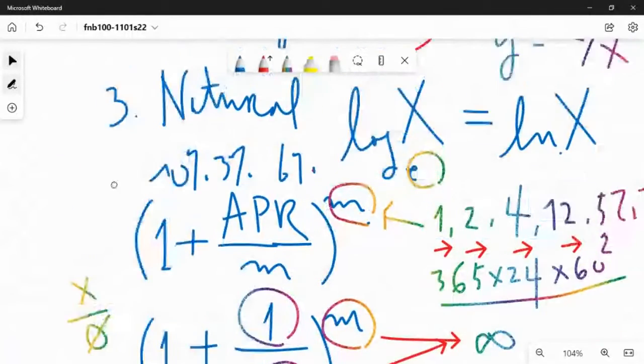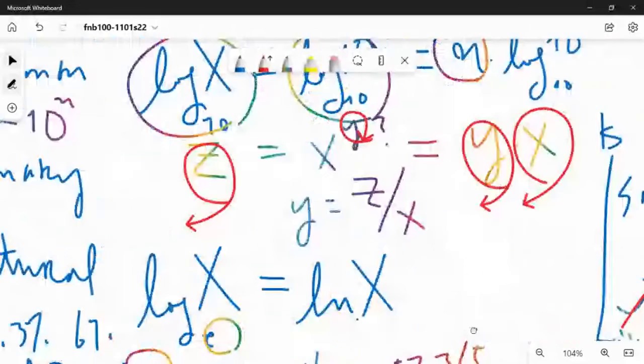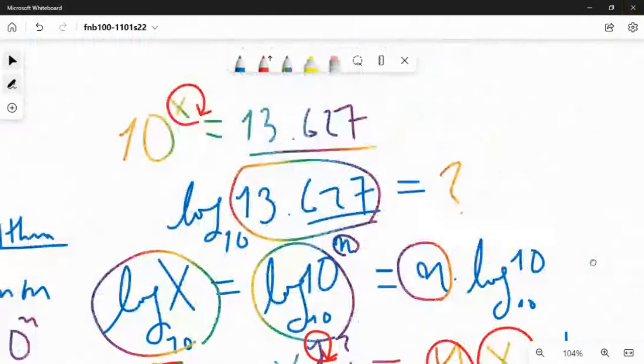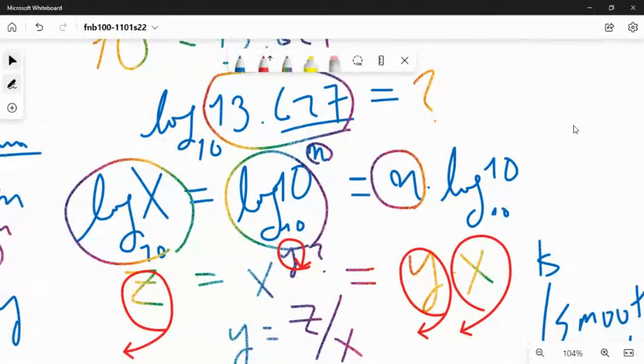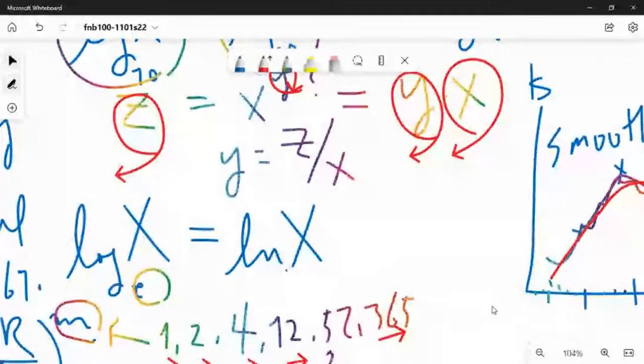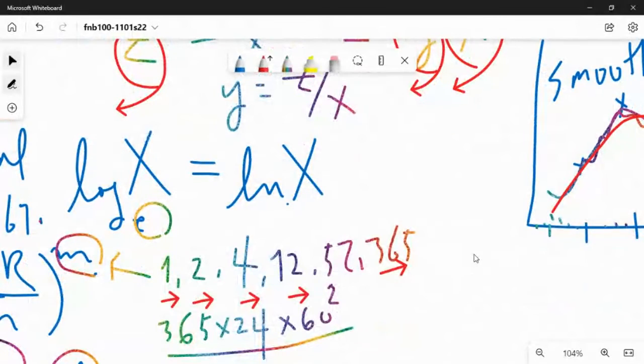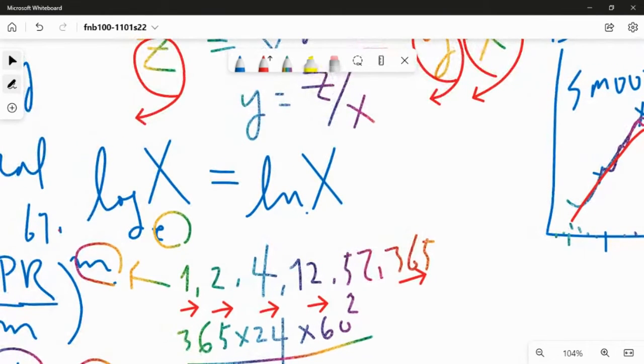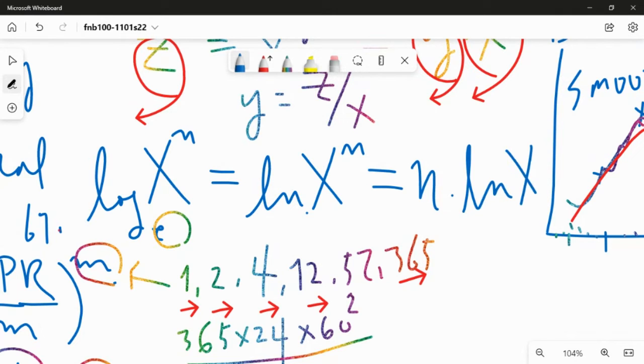I mean, the basic takeaway is this: when we express something in log, this is the natural log of x to the n, then we can rewrite it as n times the natural log of x.